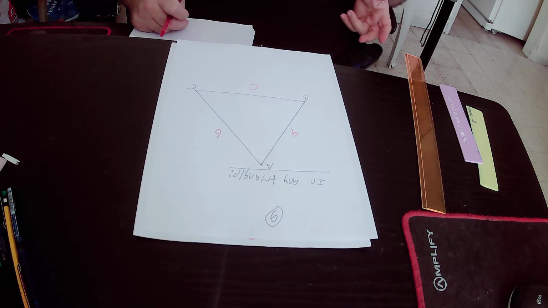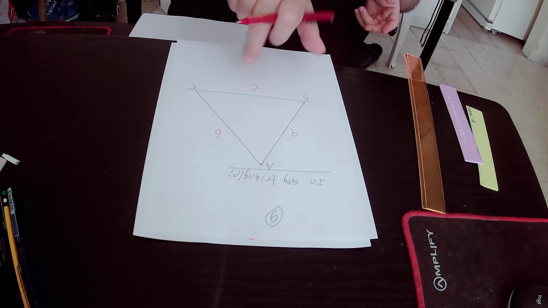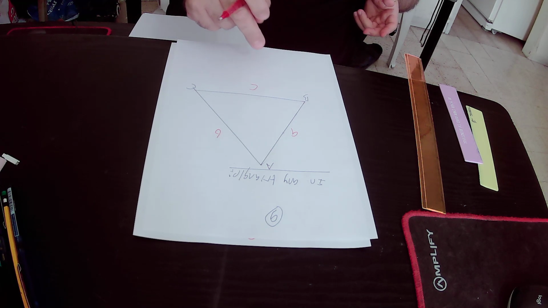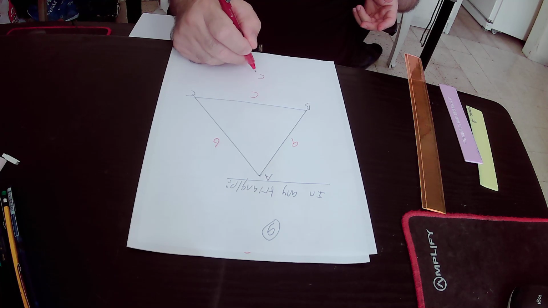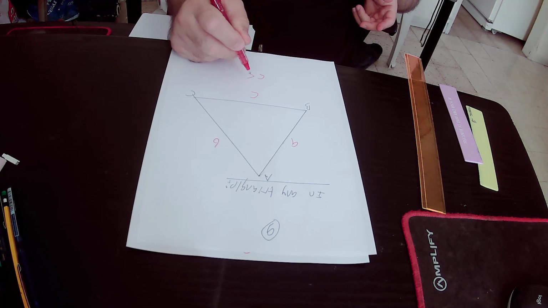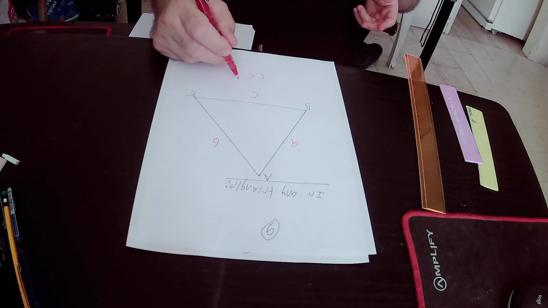That is to say, the size of BC, which is C, is smaller than A plus B.